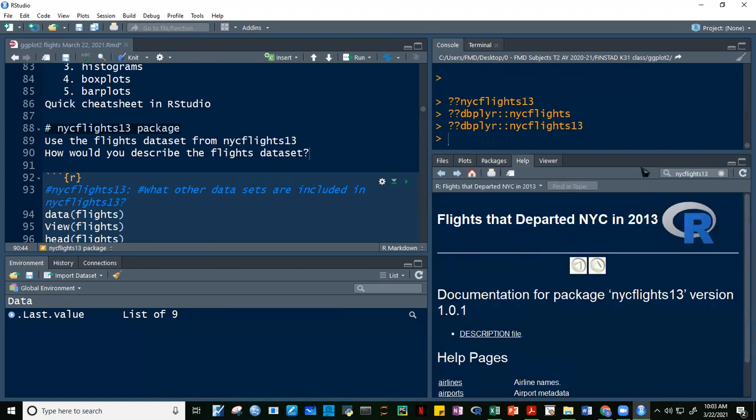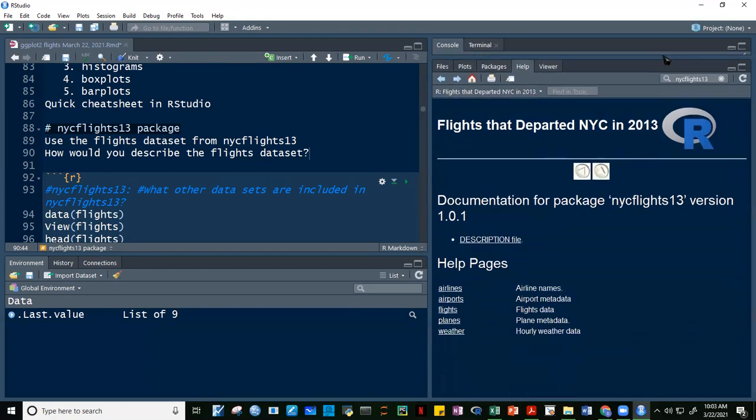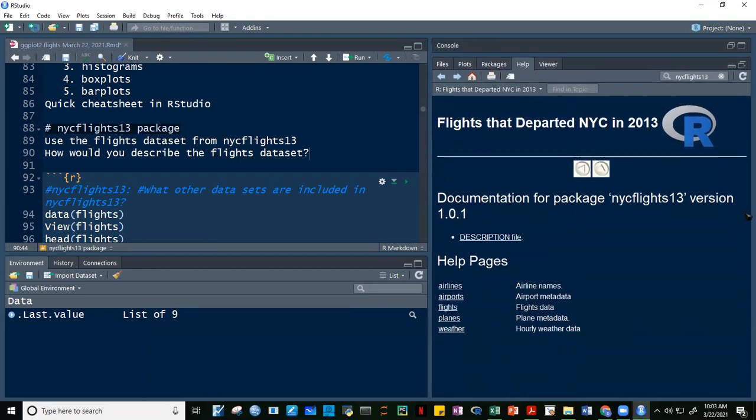Okay. Here you can see the documentation of this. Do you see this now, guys? Flights that departed NYC. So it's from the package. This is nycflights, the package.